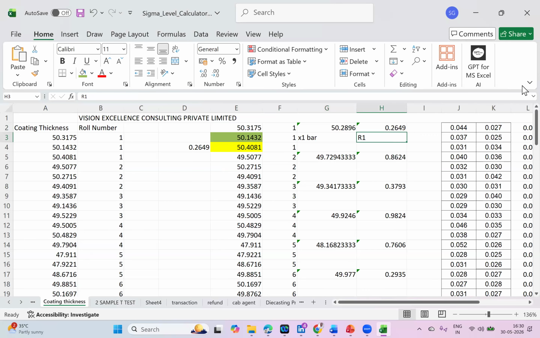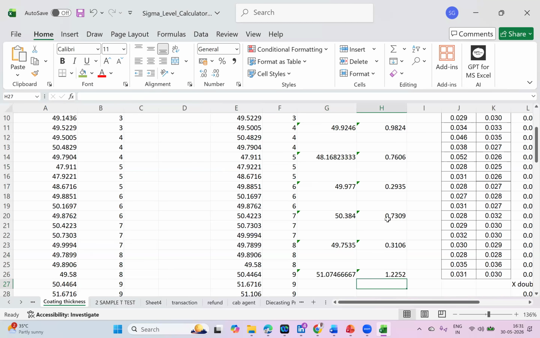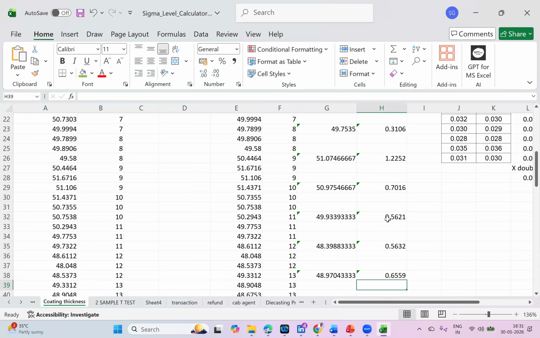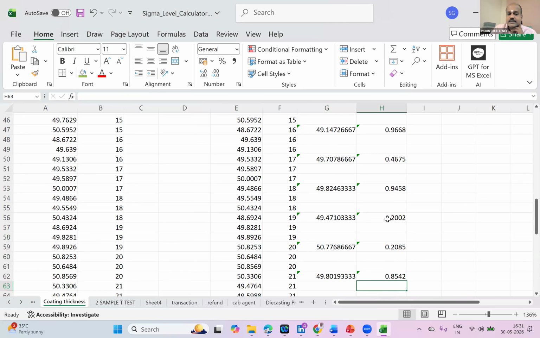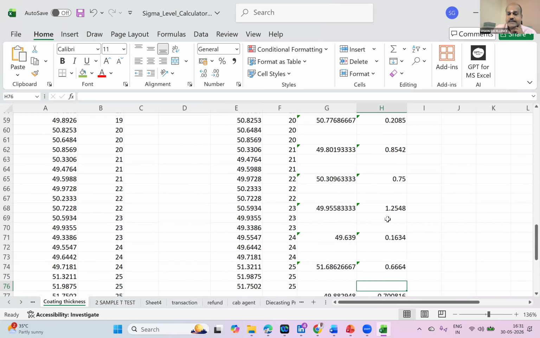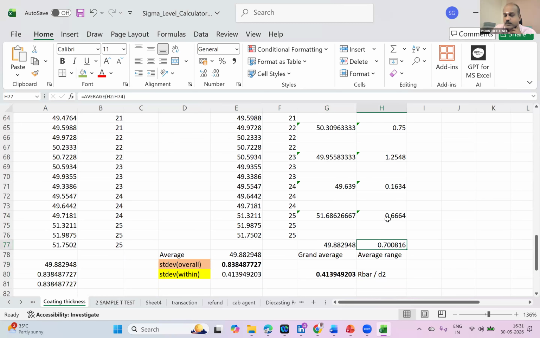Yes, sir. Understood? Okay. Now, once you have R1, R2 up to R25, all the ranges are available. There are 25 ranges. Now what I want is, I want you to calculate R bar. You know what is R bar?